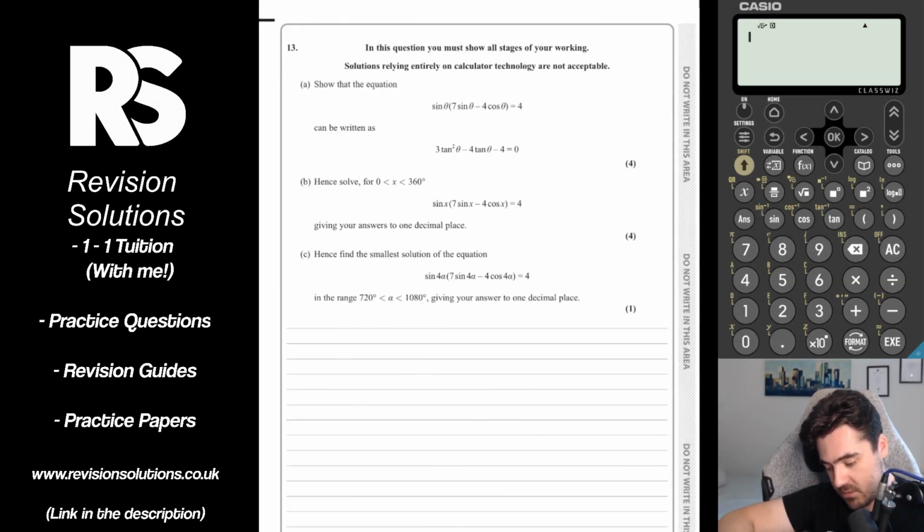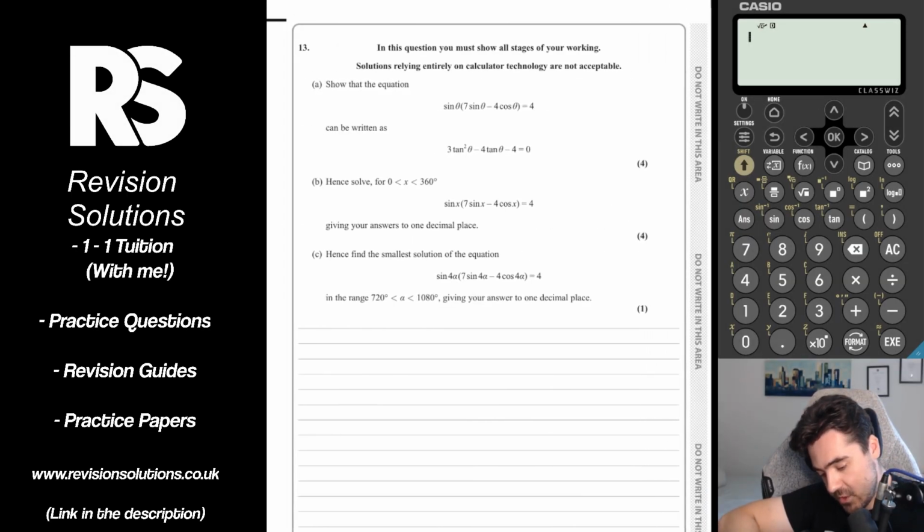Okay, moving on now to question 13. We've got a trig equation. We need to write it in terms of tan theta. Well, first off, their equation's not factorized, so let's expand the brackets in the first form we've been given. So that would give us 7 sine squared theta minus 4 sine theta cos theta equals 4.